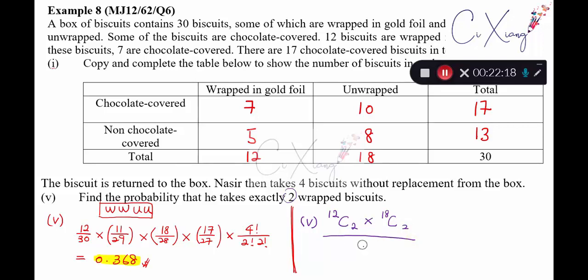For the grand total, you have 30 biscuits in total, and in general you want to choose 4, regardless of the types of biscuits. And from here, straight away, you can get the correct answer, which is 0.368.